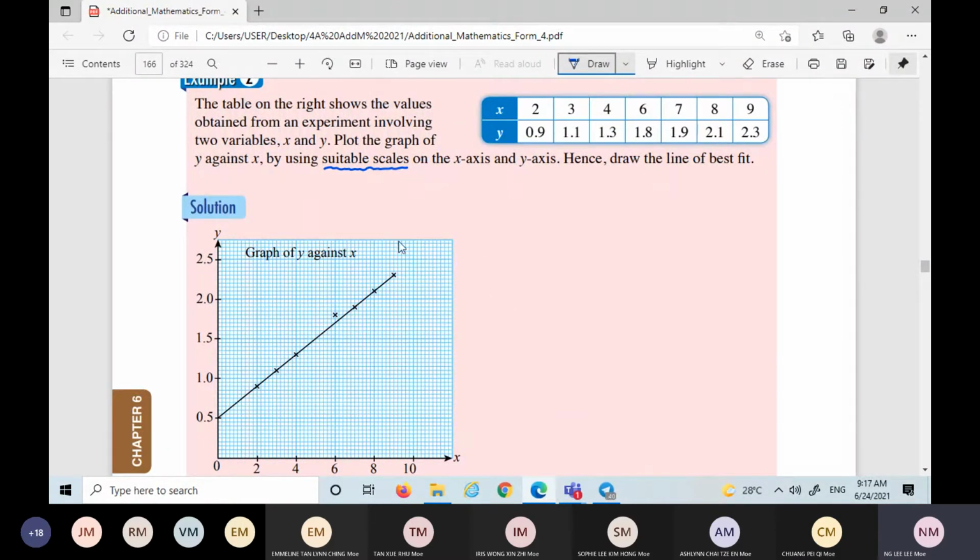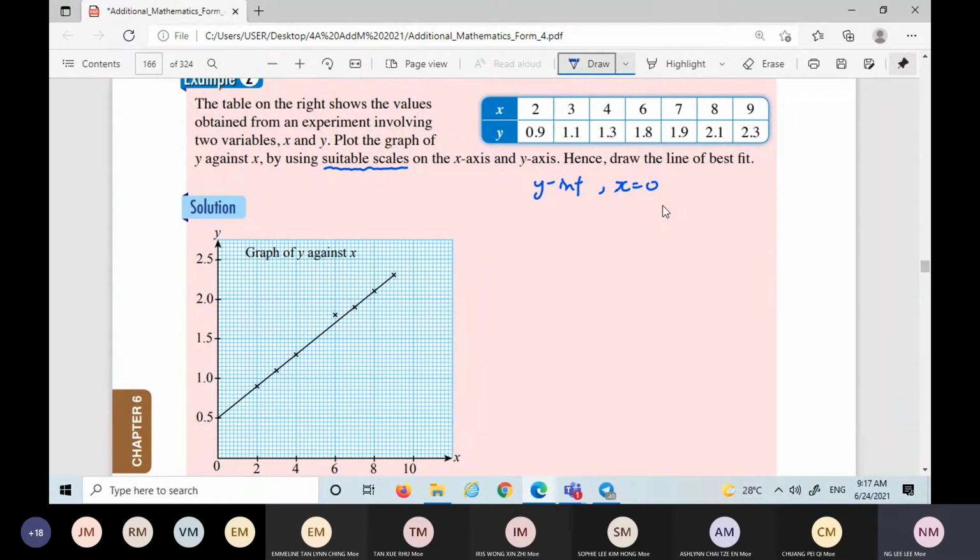This kind of question always wants the y-intercept, because your equation is y equals mx plus c, and that c comes from your y-intercept. Therefore, for you to get the y-intercept, your x must be 0. So your x must always start from 0, but your y does not necessarily start from 0. You have to make a note of this.